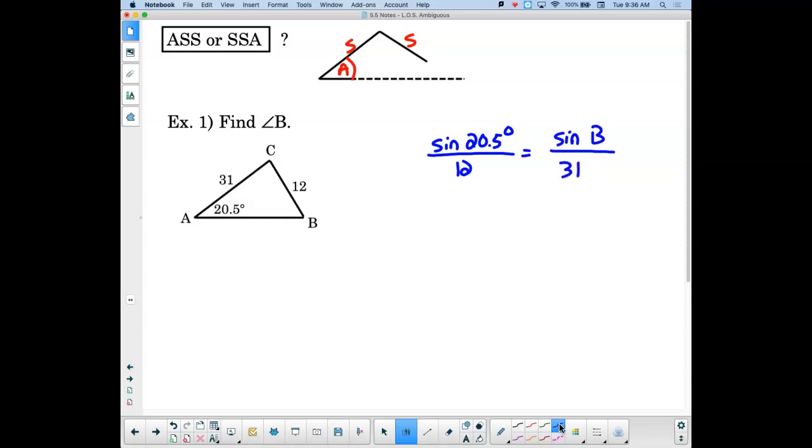So that'd be inverse sine of 31 sine of 20.5 degrees divided by 12. And what do we got? What did you guys get?